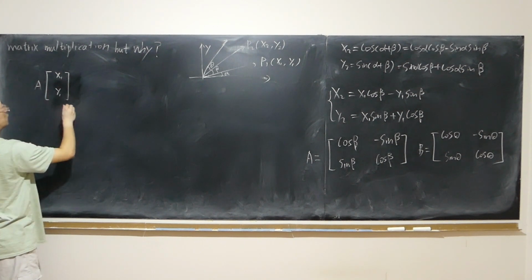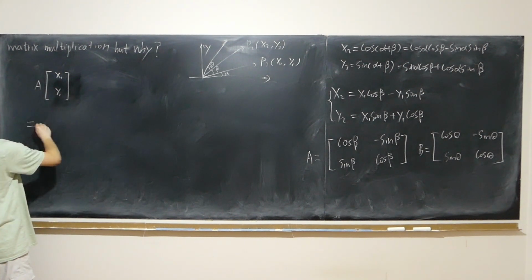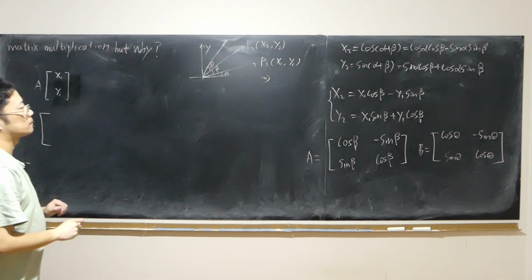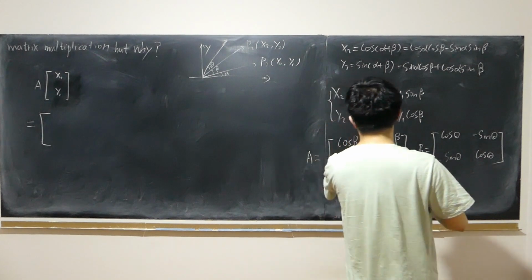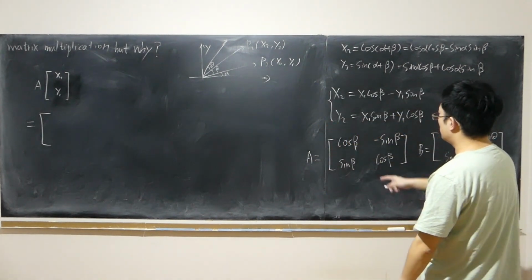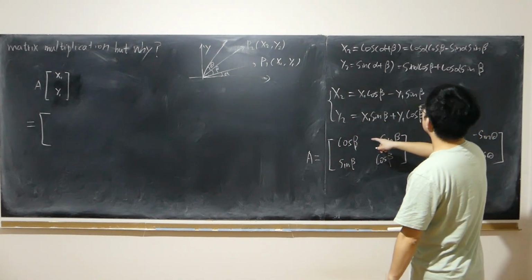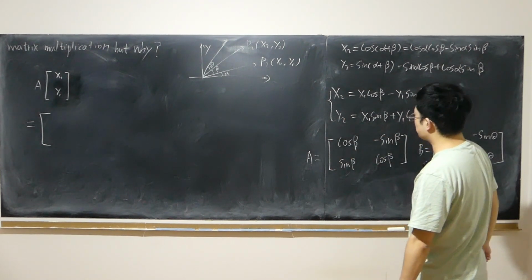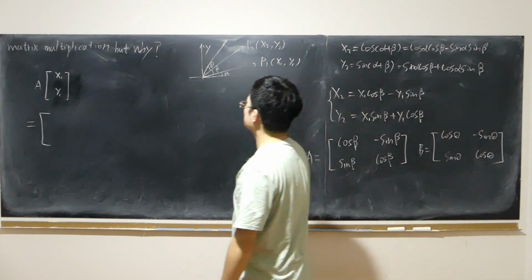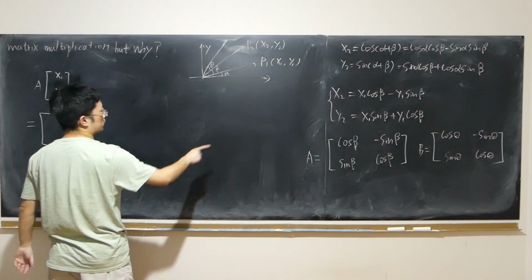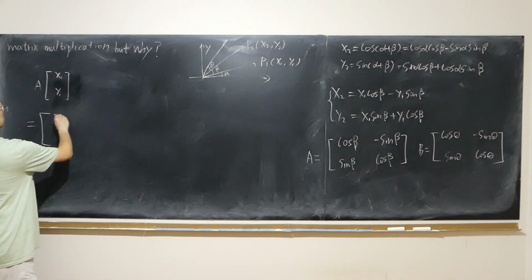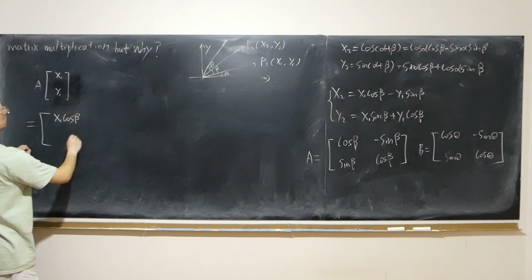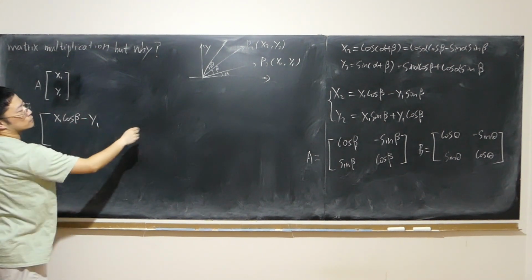So this multiplied by that equals, according to the definition, first row times the first column, since we only have 1 column: x1 times cosine beta minus y1 times sine beta.